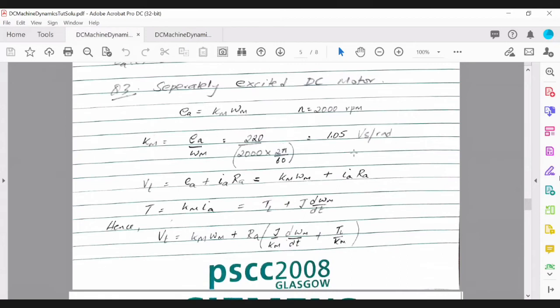So we substitute and solve for Km, so that's 1.05 V, so that's volt second per radian here, because you got your speed in the denominator, and when you raise the unit up, it inverses it, so now it's volt second per radian, right?